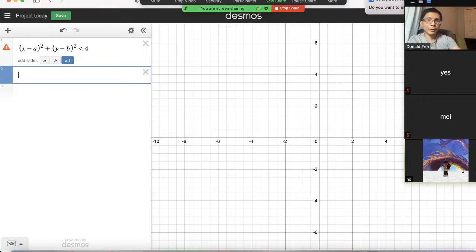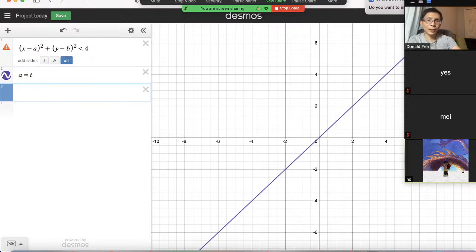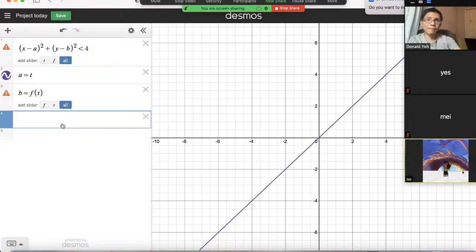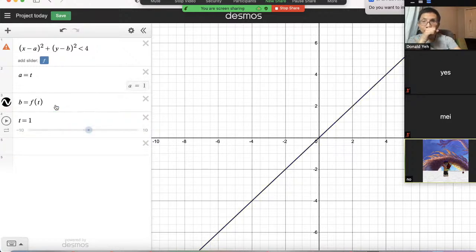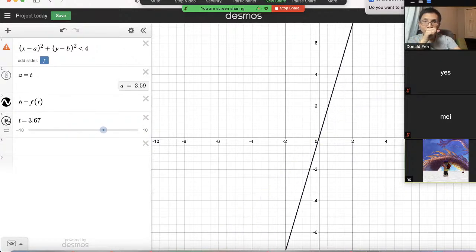Do a equals to t. And then b equals to f of t. And then go down. Do t equals to. So just add slider for t. Add slider for t. And now it should work.